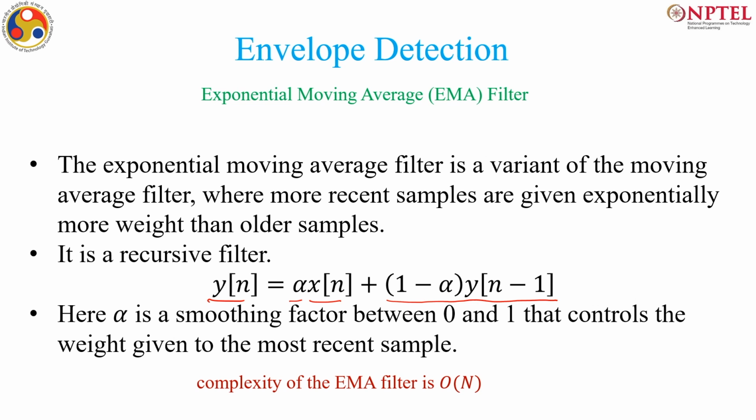This alpha will determine what fraction of my present input is to be taken and the previous output, which is of course dependent on the previous inputs as well. Since this is implemented in a recursive manner, it is kind of a dynamic programming structure, and your exponential moving average filter will have a complexity of O of n.